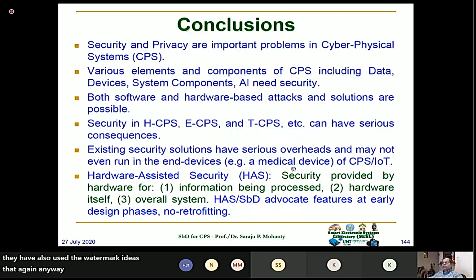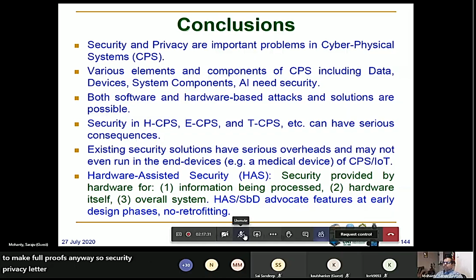Anyway, with this we have covered a big spectrum of cyber physical systems and Internet of Things, security by design, and how we can use those to make things foolproof. Security and privacy are important problems that we have extensively discussed. Data, devices, and AI all need to be secured.